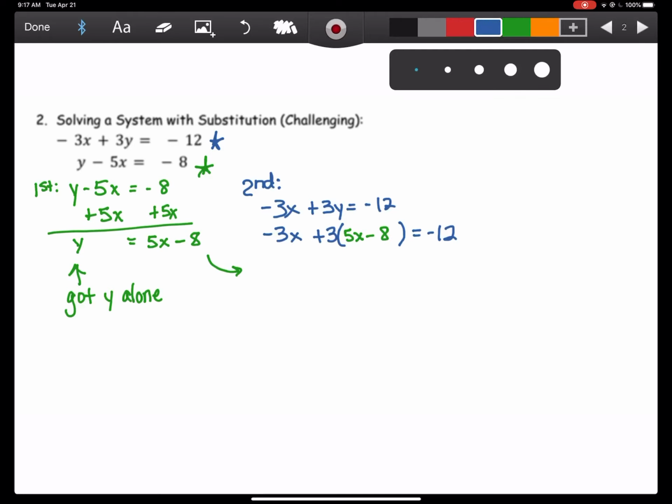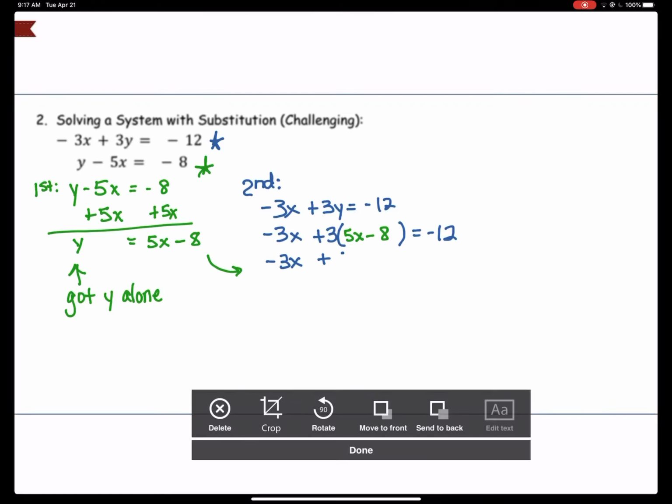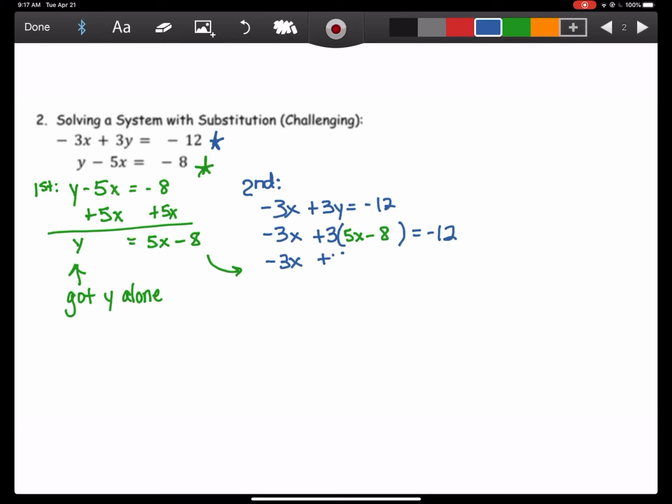And I'm going to keep working. Now I have all x in one equation. So negative 3x plus 15x, minus 24 equals negative 12.